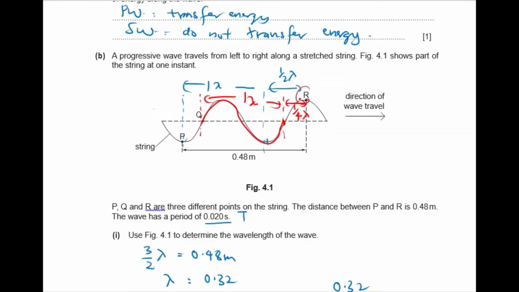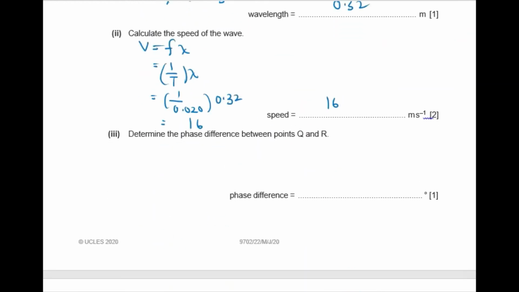So Q to R equals 1 plus a quarter wavelength, equals 5/4 wavelength. So 1 wavelength equals 360 degrees. So 5/4 wavelength equals 5/4 times 360 degrees, equals 450 degrees. So the phase difference between point Q and R is 450 degrees.